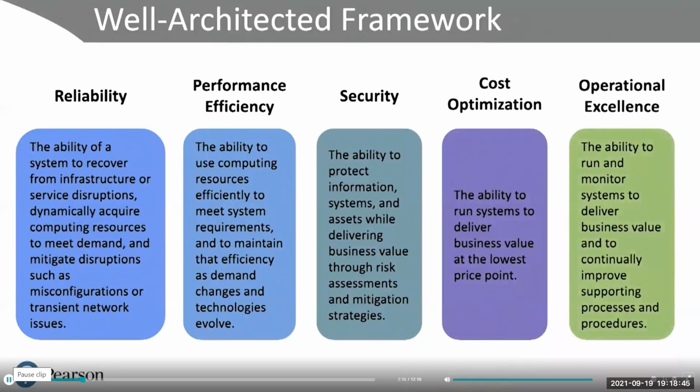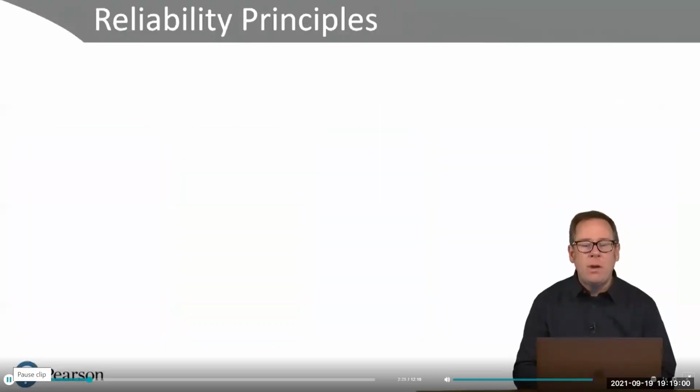The final pillar is operational excellence, the ability to run and monitor systems to deliver business value and to continually improve supporting processes and procedures. So let's talk about these and their associated principles, one pillar at a time.